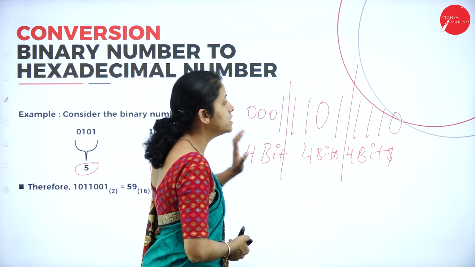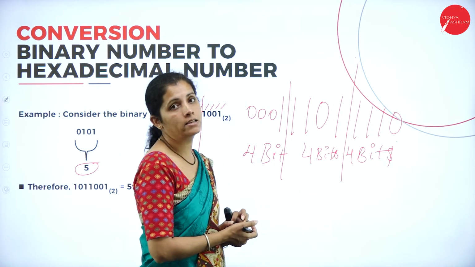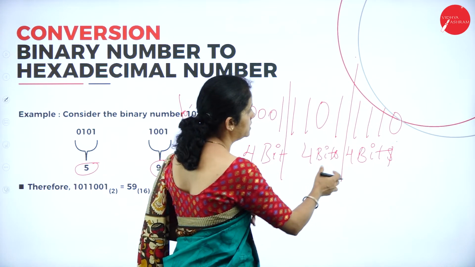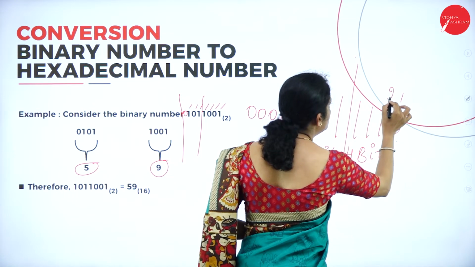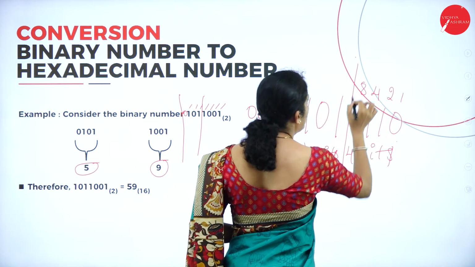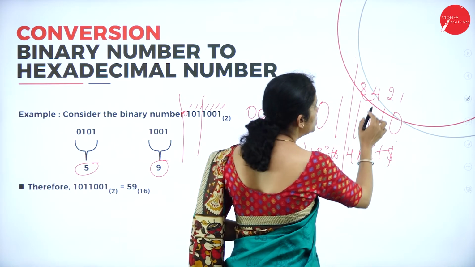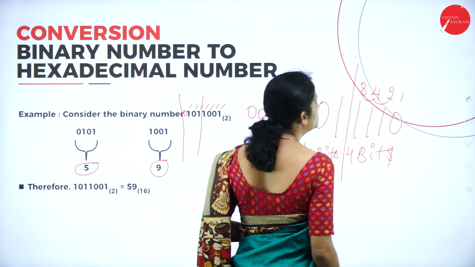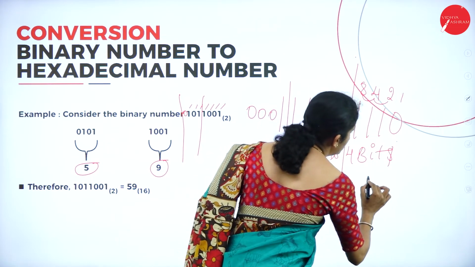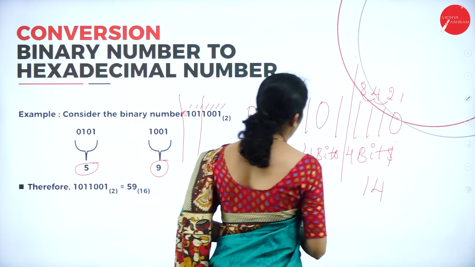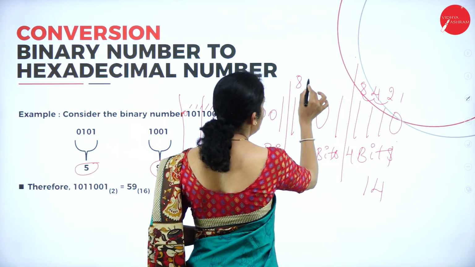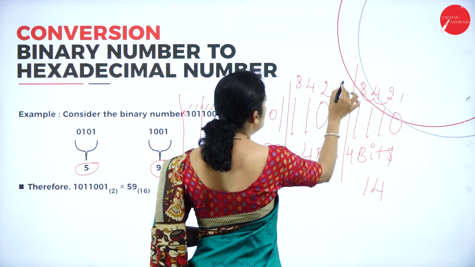Okay. Now, dear student, I want to write the hexadecimal representation. That is 1, 2, 4, 8. So 8 plus 4, it is 12. 12 plus 2, it is 14. So it is 14. And here 8, 4, 2, 1.